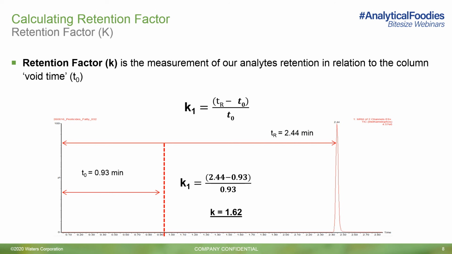To ensure that we have enough retention of our earliest eluting analytes, they should have a k of at least greater than 1, but preferably greater than 1.5. If our k value is below 1, then little or no chromatography has taken place, so our separations may be less stable, and there will be a much higher chance of ion suppression for our earliest eluting pesticides when LC-MS is used.